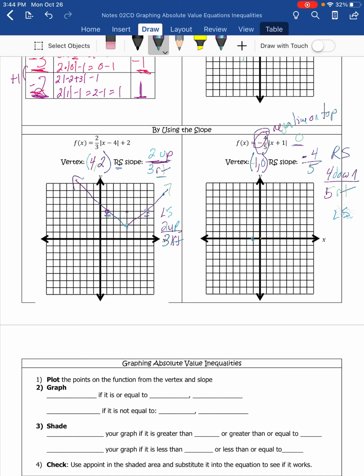For the left-hand side of my graph, and that's why I'm writing LS, it's still going to be 4 down, but instead of going 5 right, I'm going to go 5 left. It's just instructions. That's all it is. So first thing I do is graph -1, 0. To get to my right-hand side, I'm going to go 4 down and 1, 2, 3, 4, 5 over.